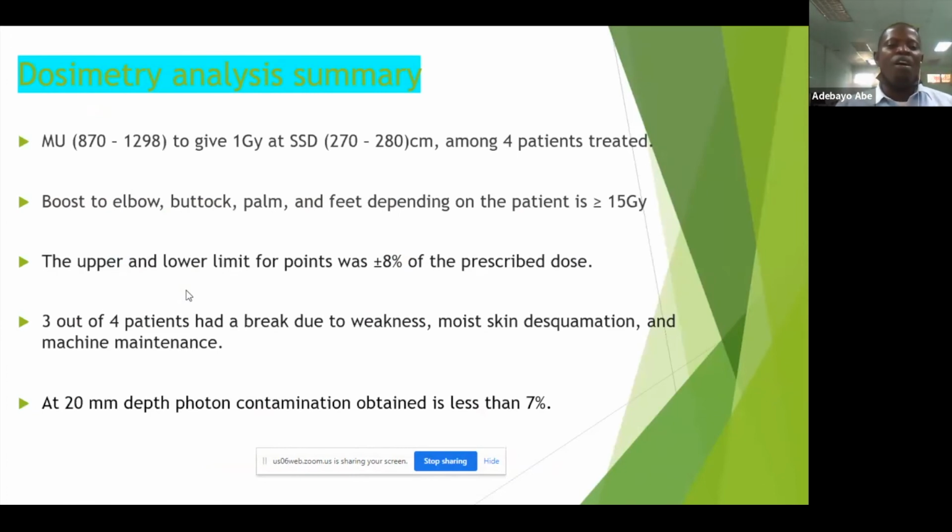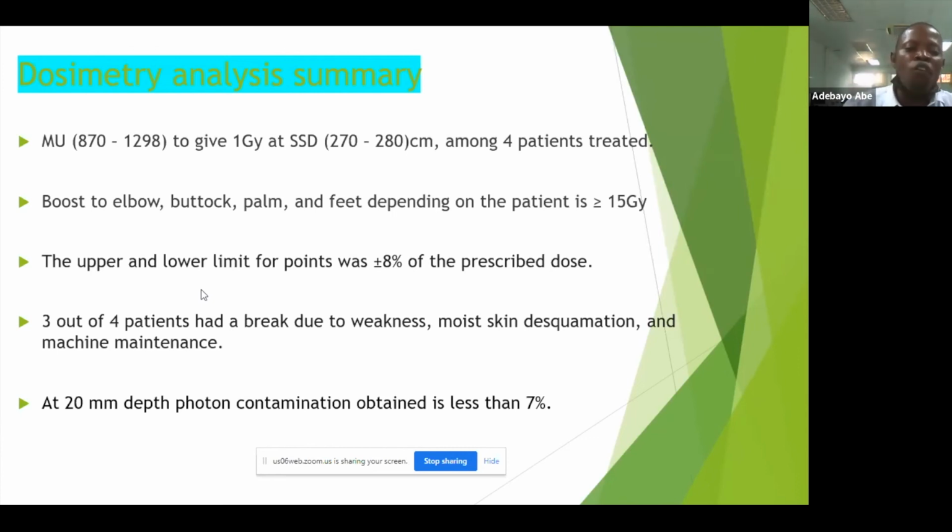From the summary of our dosimetric analysis, out of the 4 patients planned, our MU varies between 870 to 1,298 monitor units, because this is the monitor unit we got at the point of SSD on the plane.